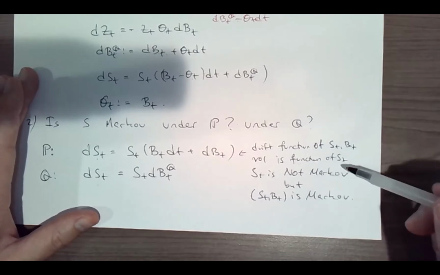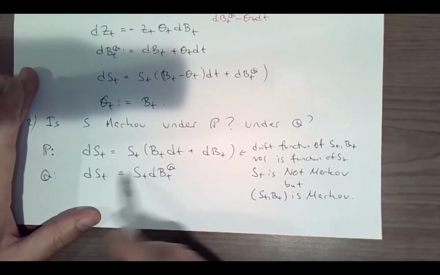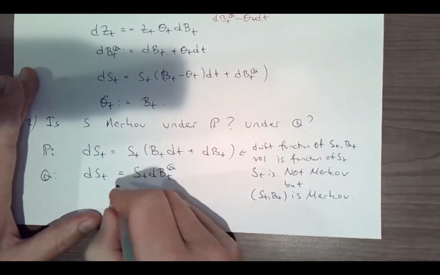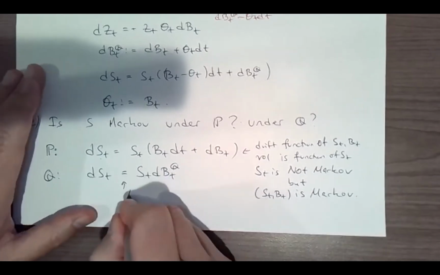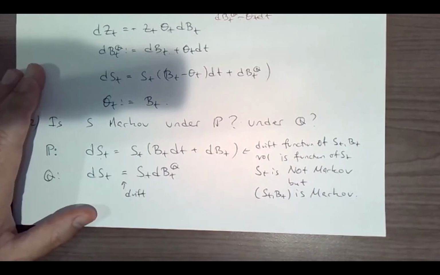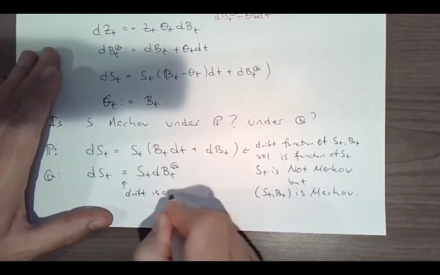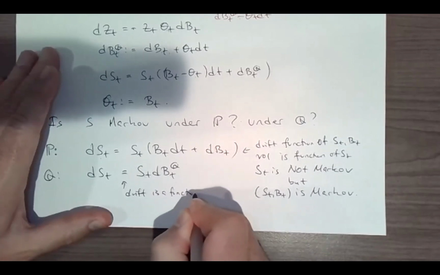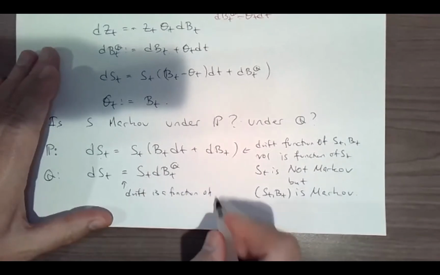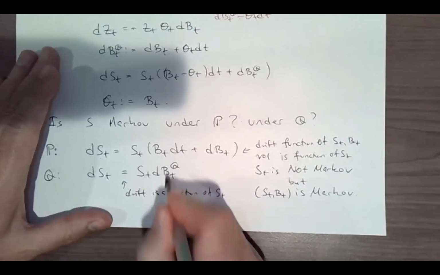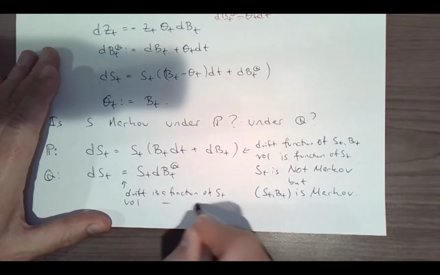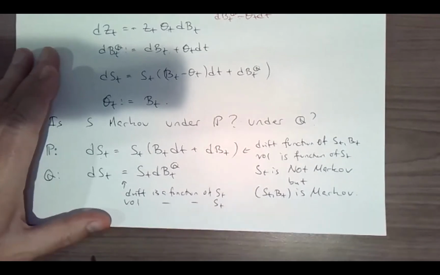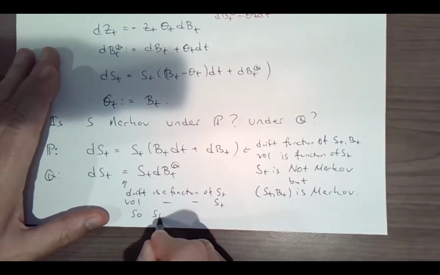Over here, the situation is different, because here the drift is a function of S_t, just 0, and the vol is a function of S_t. So S_t is Markov.